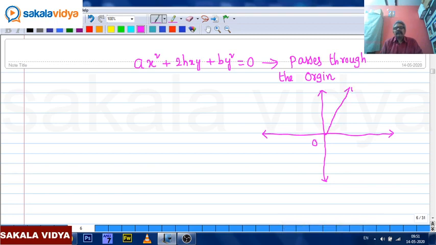It represents one of the lines like this, the other line like this, say L1 is equal to 0 and L2 is equal to 0. This is 0 comma 0.